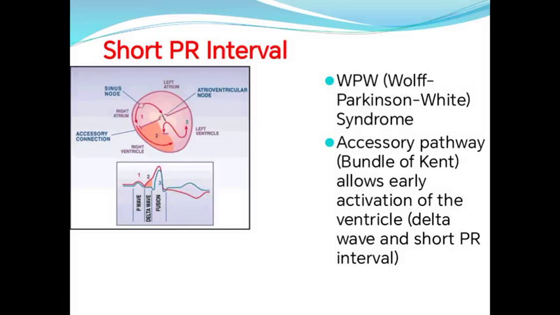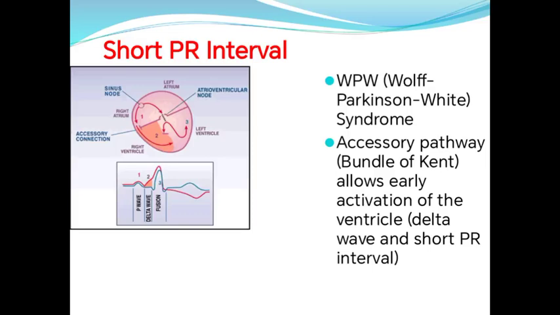The short PR interval, we have this in Wolff-Parkinson-White syndrome. Here we have an accessory pathway, called the bundle of Kent, that allows early activation of the ventricle, giving a delta wave and a short PR interval.